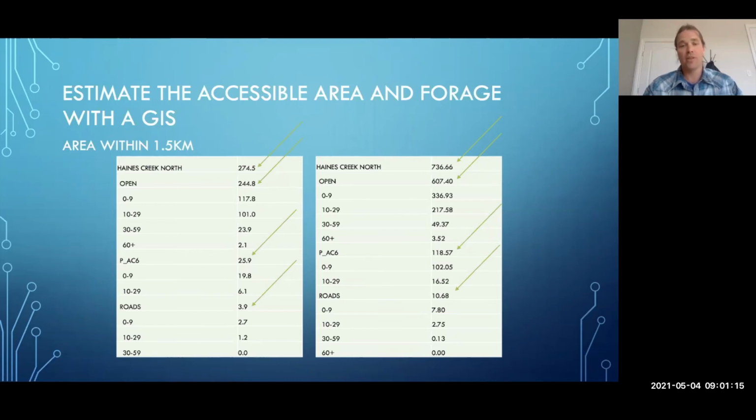And so this can be calculated based on 1.5 kilometers from a reliable water development, and also from within 3 kilometers. So if we have the ability to do a GIS to estimate the area within it, it can really improve our overall understanding of the forage resource.